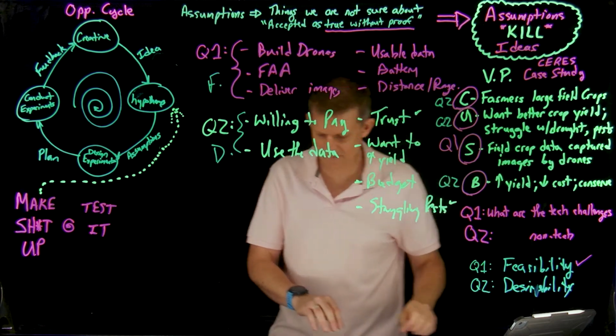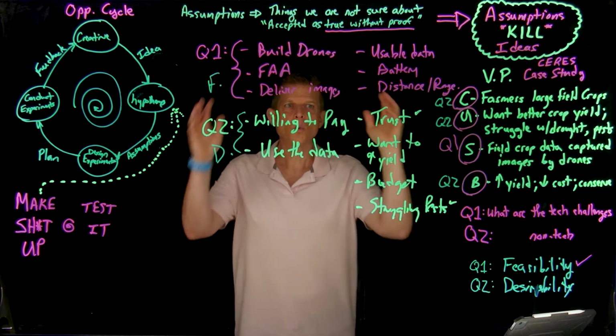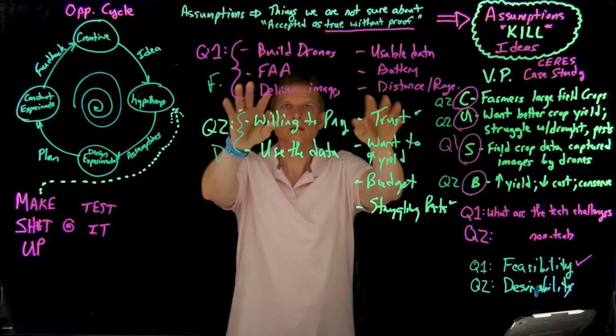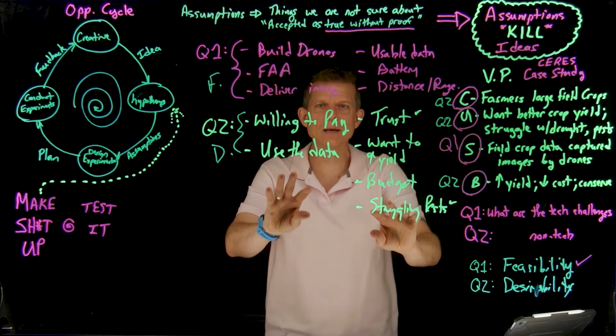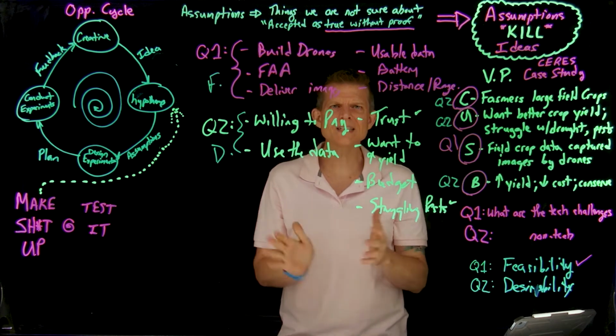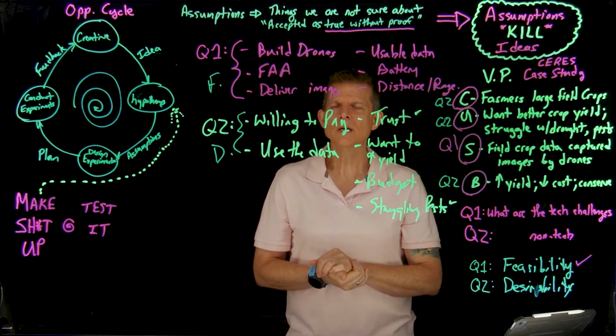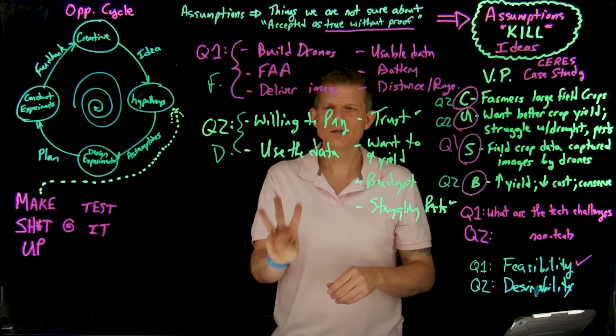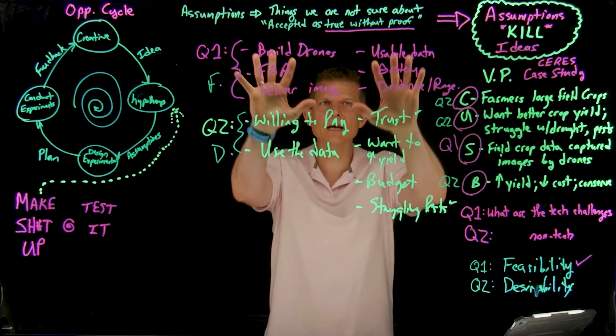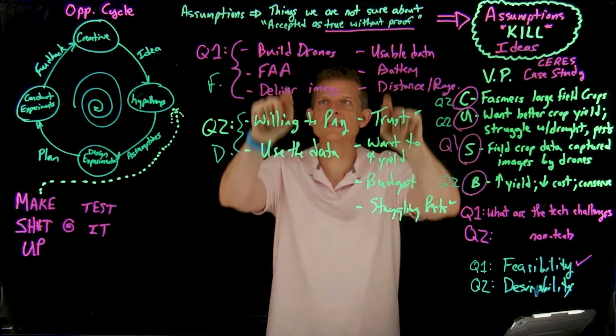So the question I have for you is, which one of these 10 assumptions do we want to test first? So I want you to take a moment and rank order your top 3 assumptions that you would test.